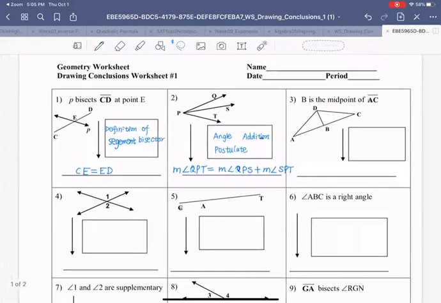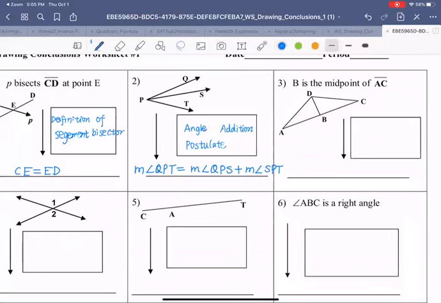Okay. Number 3. B is the midpoint of AC. So, not angle, line segment.